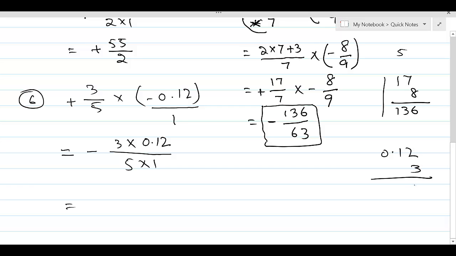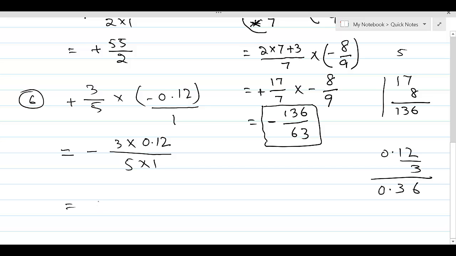Of course 3 times 2 is 6, and 3 times 1 is 3, and there is a decimal after 2 digits, so the answer will have a decimal after 2 digits as well. So this should be 0.36. If you want to write it 0.36, that's fine.